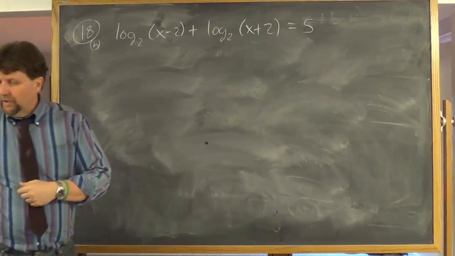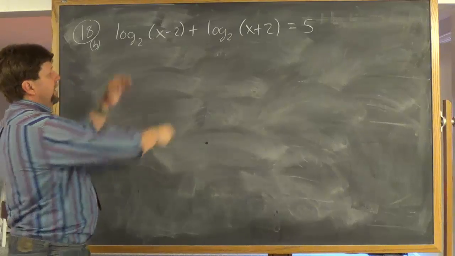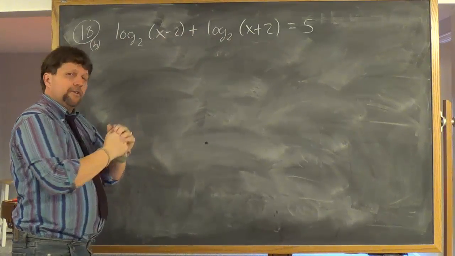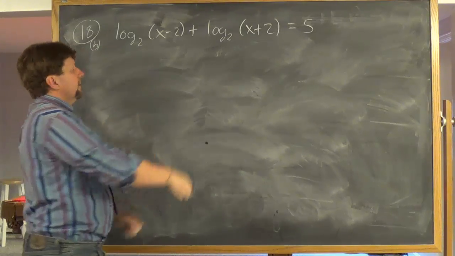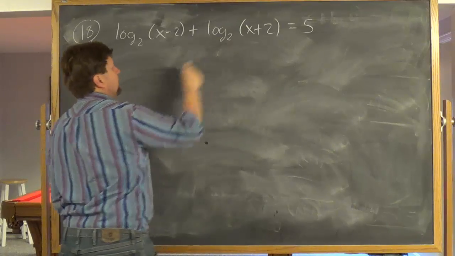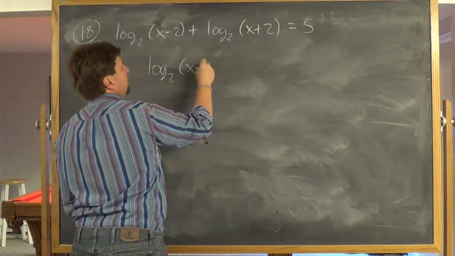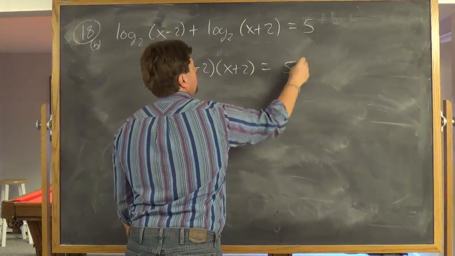To solve this equation, the first thing I would do is, on the left side, I have an addition of logs. I'm going to use a property of logarithms and rewrite it as the log of a product. So I'm going to rewrite the left side as log base 2 of x minus 2 times x plus 2 equals 5.